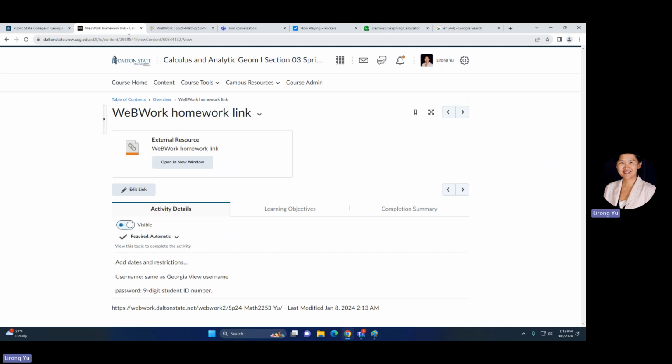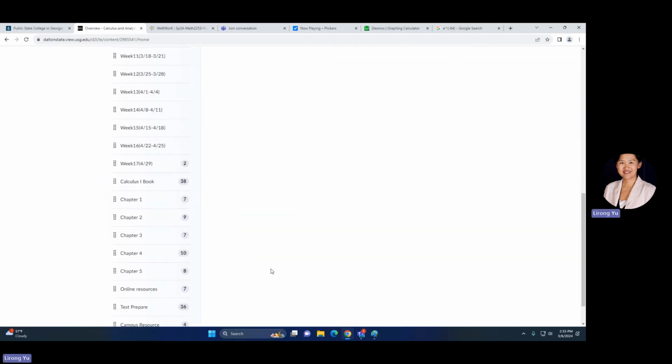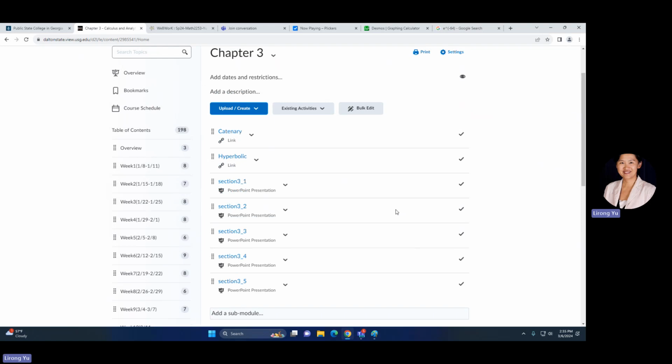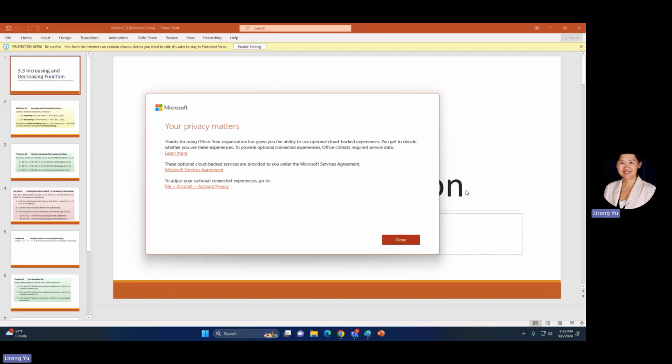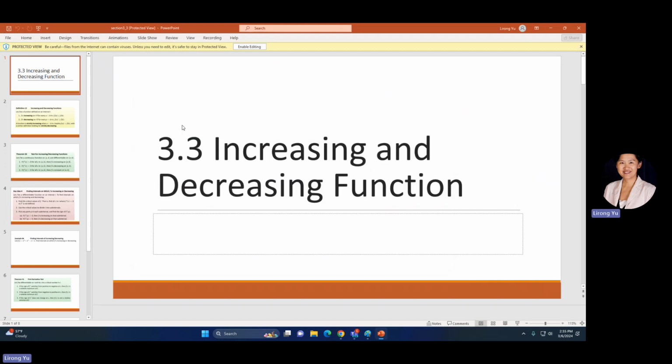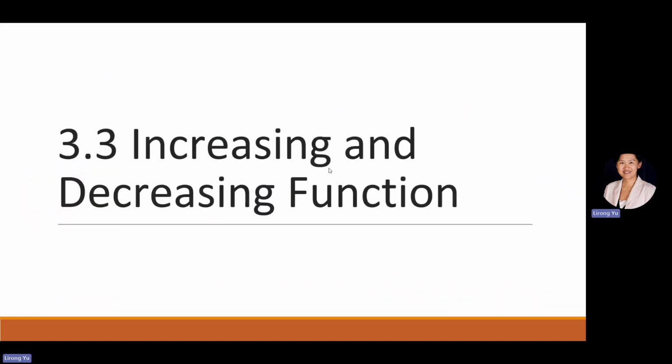All right, if not, let me start section 3.3. Chapter 3 works on the application of derivatives. So we talked about section 1, using the derivative to find the maximum value and minimum value on a closed interval.